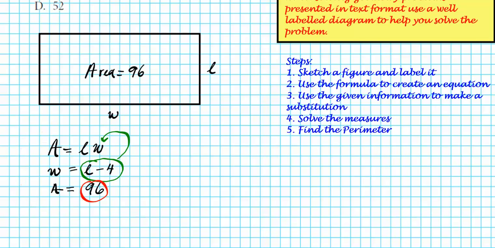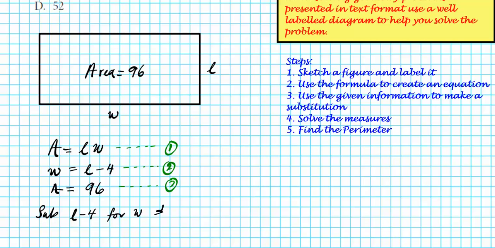All right? So let's make explicit what I just did. I'm going to enumerate my equations and then write a short remark. Equation 1, 2, and 3. So what we're going to do is substitute L minus 4 for W and 96 for A in equation 1.